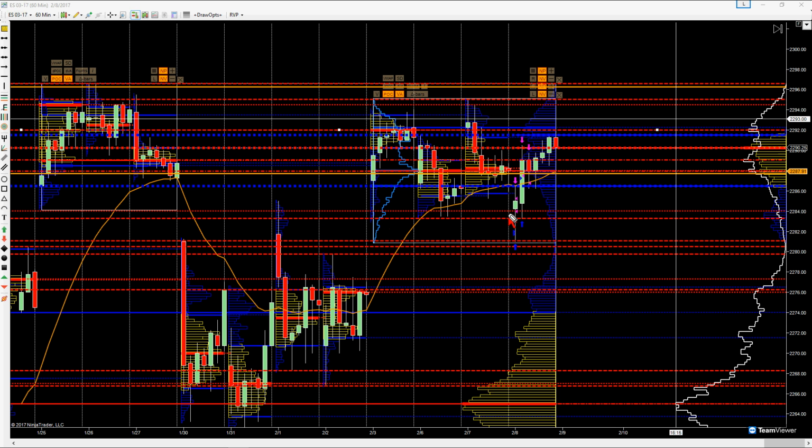So, oopsie. Let's do that again. So immediate push down, maybe slow down value area high, chop around VPOC, push below, get to overnight low, get to value area low, maybe come retest VPOC from yesterday, and ultimately push.